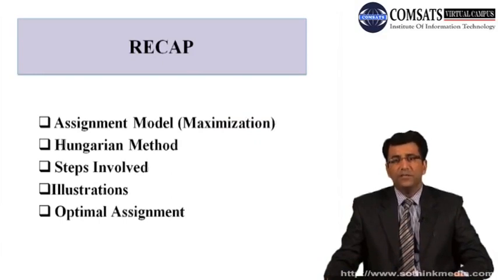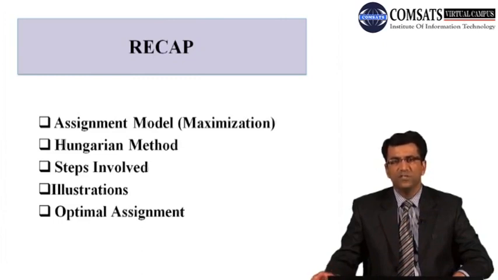And you remember that I introduced two options we can use when we are interested in the maximization of profit. In the first option, we can change the signs of the original payoff matrix, that is the original matrix in which we are provided with the profit margin when assigning the different jobs to the different machines.